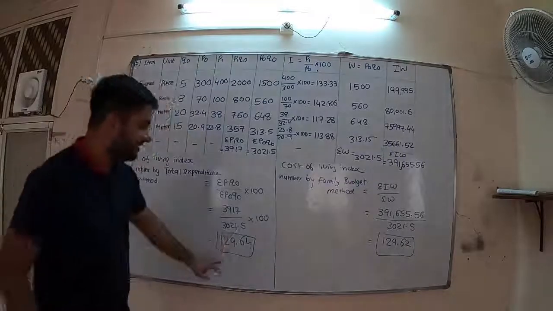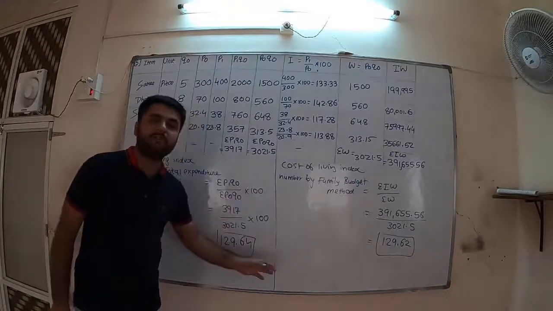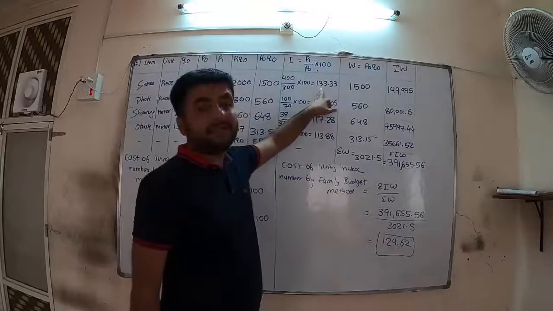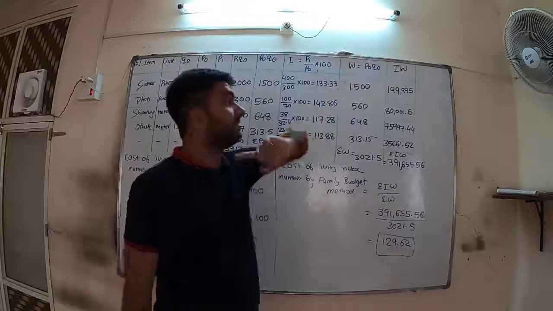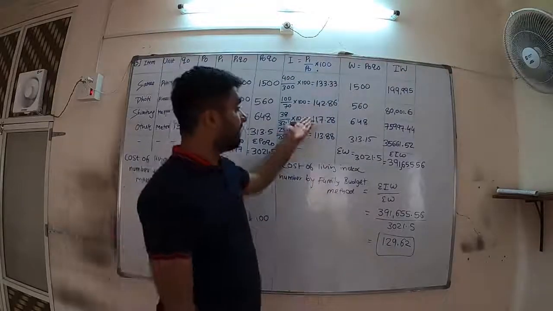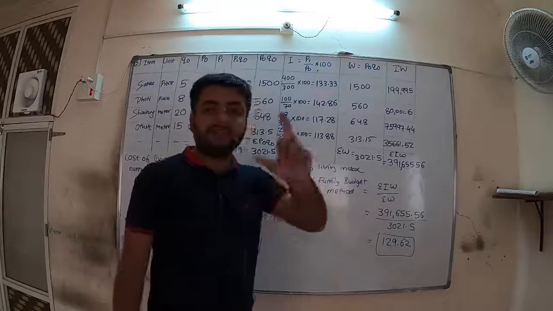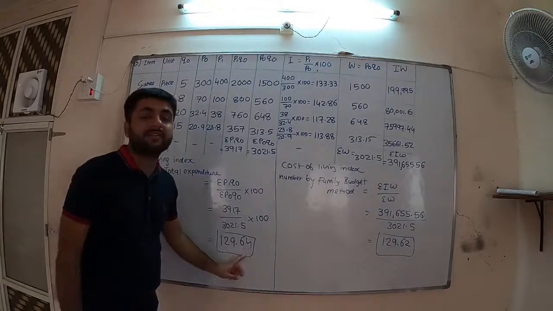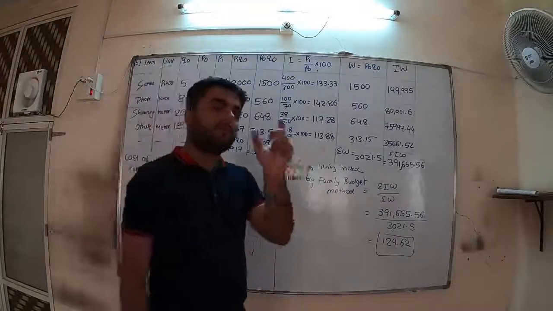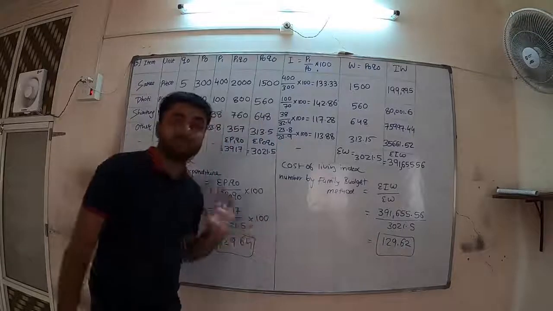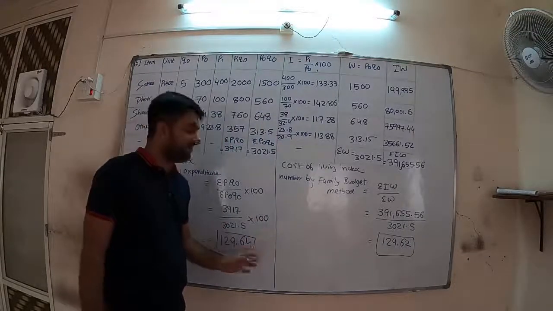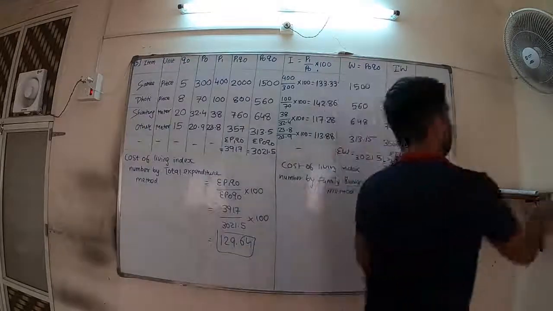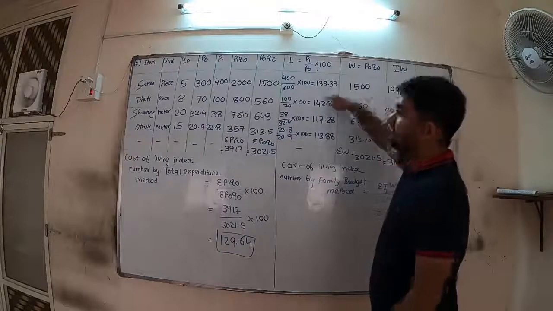See, little change in the point. It can be the same also, or it can be a minor change. Why do I say minor change? If you exactly multiply 133.3333, you get something different; if you multiply these rounded points, you get a little bit rounded off. So the answer is 129 only. Here it was .64 and here it is .62. A minor change will come, but the index 129 should not change, and after the decimals the point can change a little bit because we are rounding off the things.